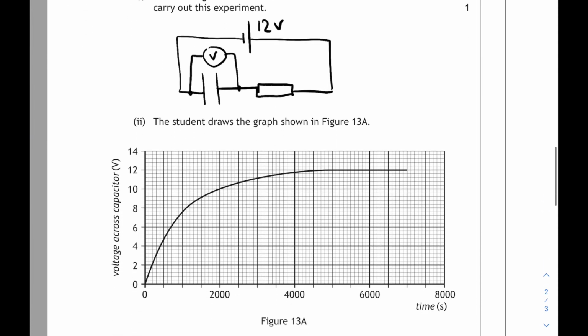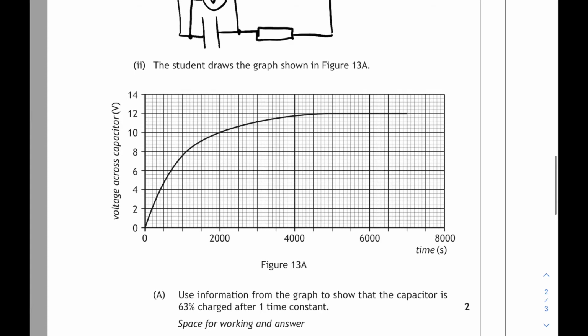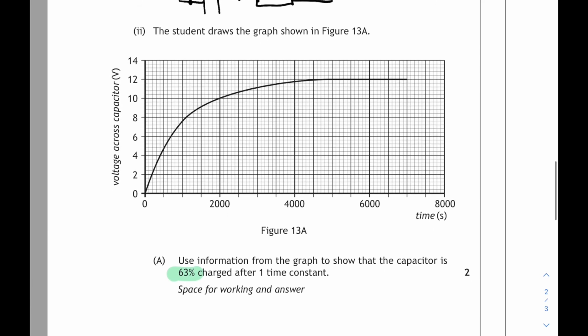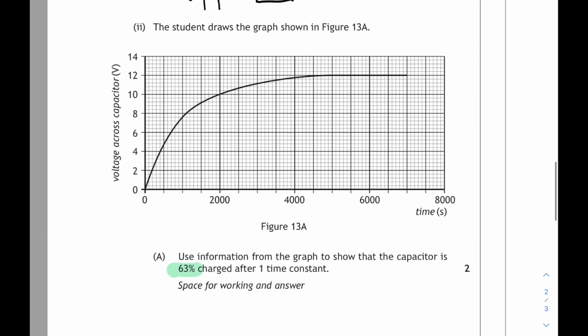Okay, let's move on. Then we've got a graph, and it says using the information from the graph, show that the capacitor is 63% charged after 1 time constant. There's that 63%. Now when it's fully charged, then it'll be 12 volts. So after 1 time constant, what will be the voltage across the capacitor? Well, we know what the time constant is. We've just worked it out. It was 1,000 seconds.